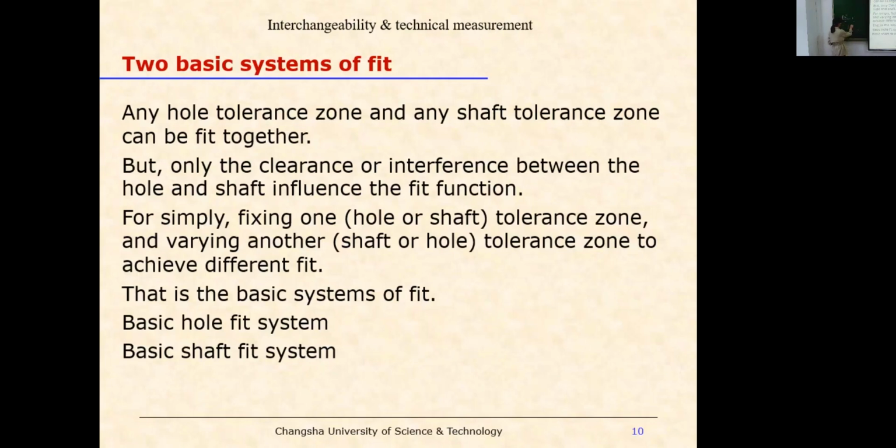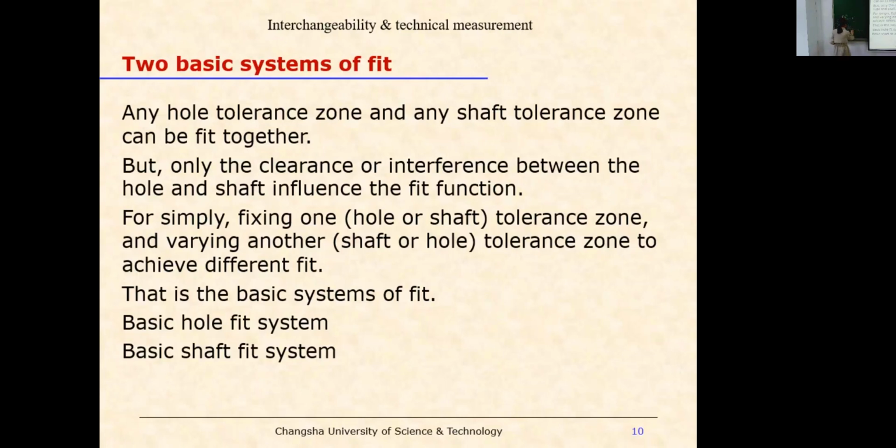So you fix this hole, and then you design a shaft. If your shaft tolerance is here, this is clearance. If you design the shaft here, it's interference. In here, this is transition. In here is interference. So you fix one, and then you design the other one, so the tolerance achieves different fits, right?